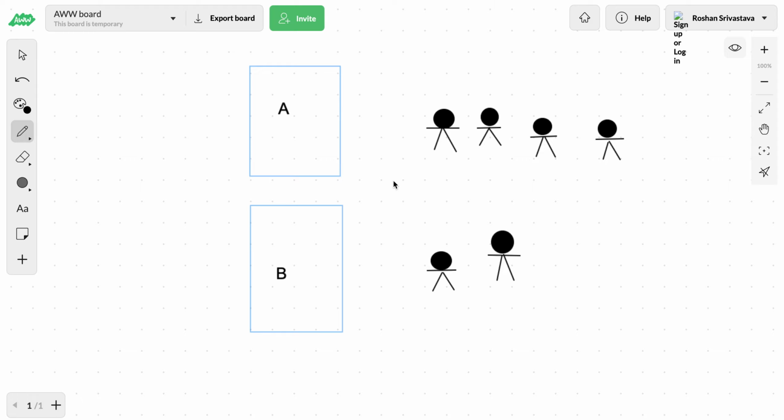Let's take this example. We have city A and B and 6 people, and we want to make a decision on this guy, for example. So we would either send him to this city or this particular city. Then what are we going to do?